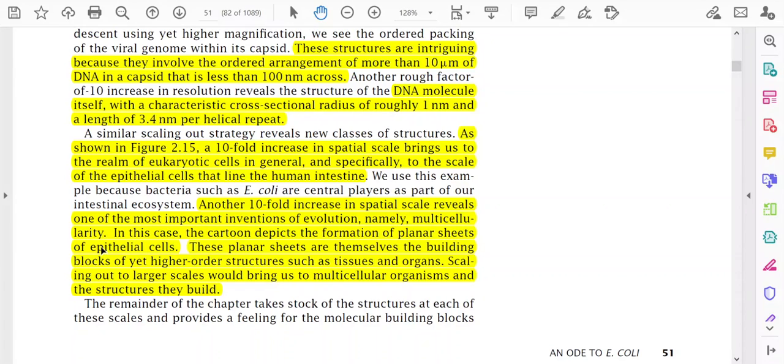For example, the epithelium is a cell, but if we increase tenfold from the epithelial cell, then we reach the realm of multicellularity. In this case, the cartoon depicts the formation of planar sheets of epithelial cells.